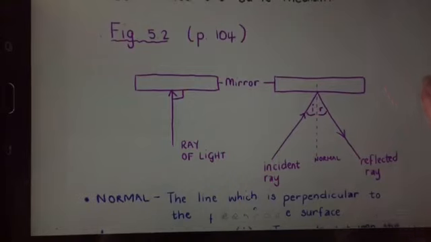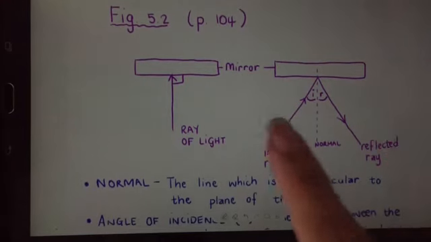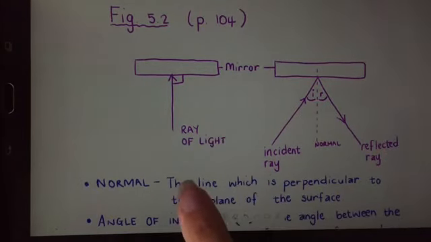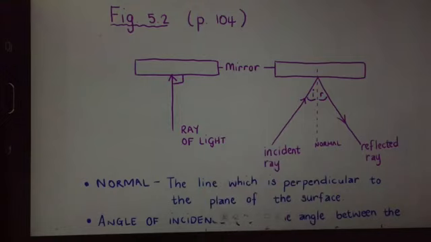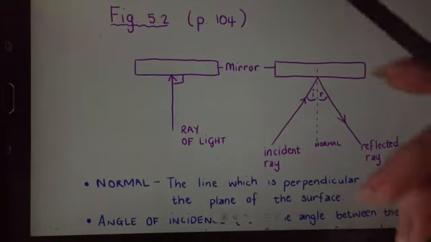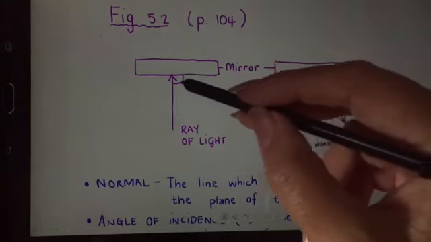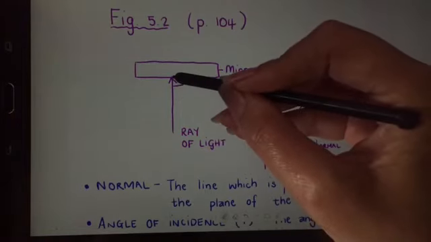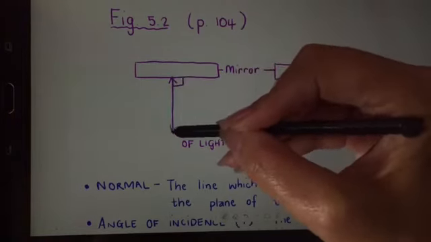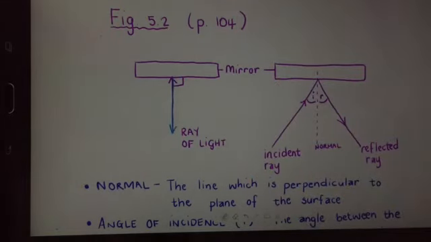So if you look in your textbook on page 104 at figure 5.2, you'll see that you've got a mirror and then you've got a ray box, which I haven't drawn, which provides the ray of light or the thin beam of light that travels towards the mirror. In the first diagram, the light ray strikes the mirror at an angle of 90 degrees, so it will bounce back and move all the way back to the ray box.